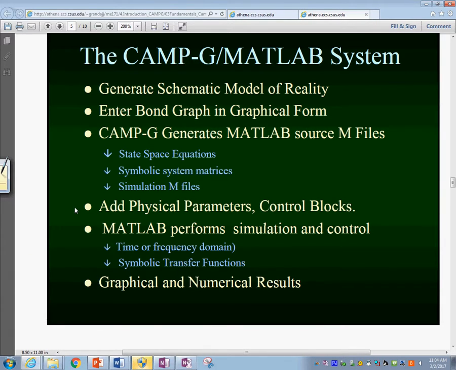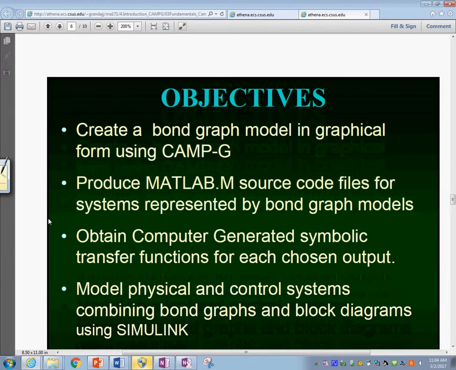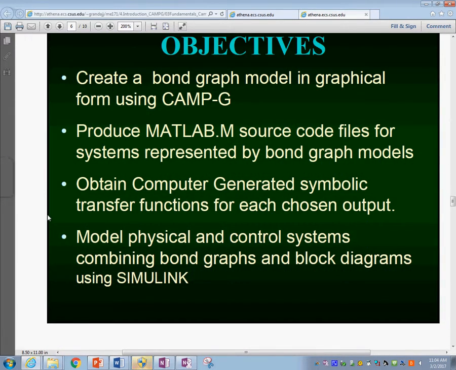Okay? This is, in words, what we have reduced to. Create a bond graph model, produce the MATLAB M source file automatically, and now we can produce the transfer functions for each output chosen. Okay. And finally, model the physical and control system. Combining block diagrams and block diagrams, you could use Simulink.